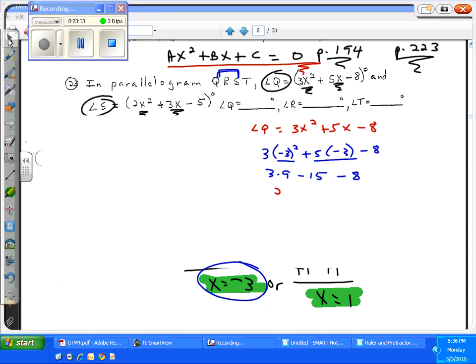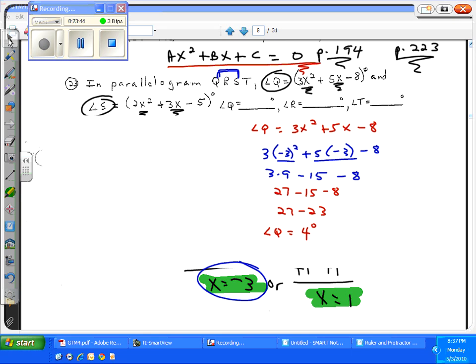And so we have 27 minus 15 minus 8. 27 minus 23 is 4. And so angle Q would be 4 degrees. Now, we know that angle Q and angle S are equal, so that would be 4 degrees for each one.